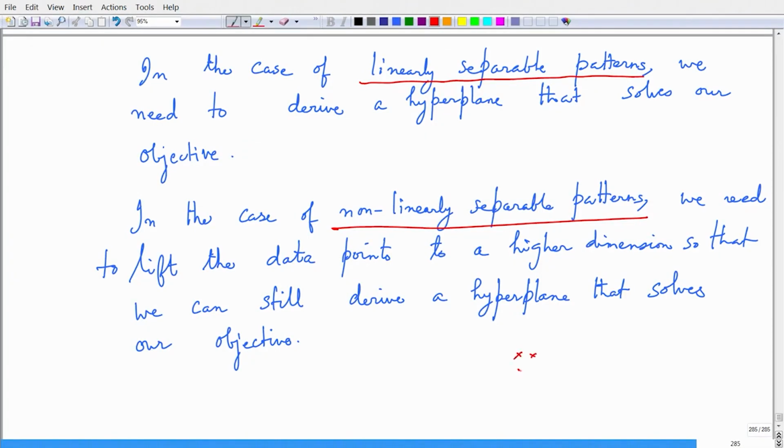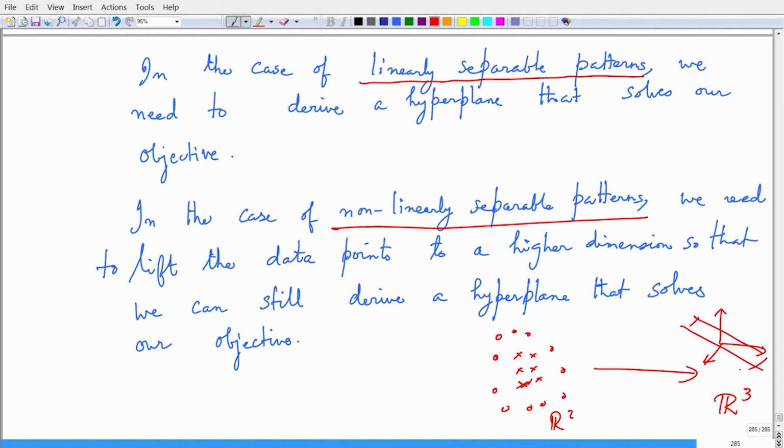So, for example, I have in a two dimensional space points like this. Clearly there is no separating hyperplane here, this is say in R2. From here I need to possibly go to R3, and in some geometry in R3 I have a plane that can separate these points.